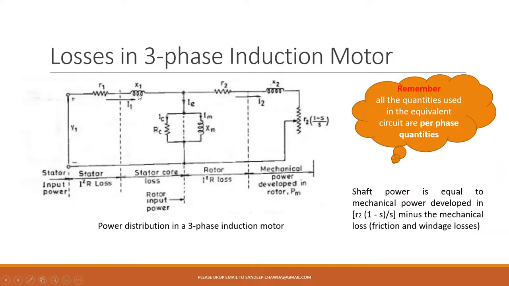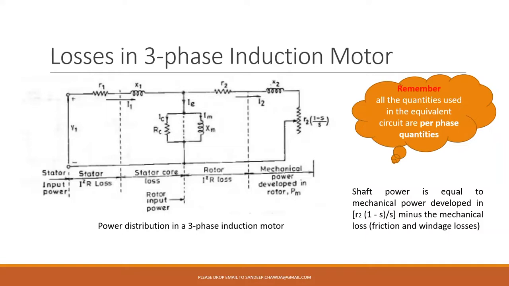After that, X1 and RC give you the stator core loss. After that, there will be the air gap power, or the power input to the rotor. Then there will be R2, which gives you the rotor I square R loss. After that, you get the mechanical power developed in the rotor. The shaft power can be determined, as we have already seen.